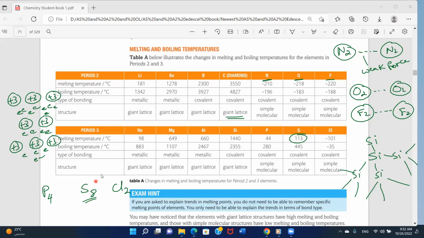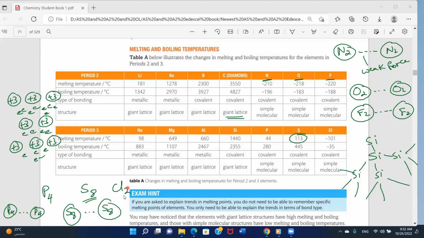So between an S8 and another S8 molecule, there are stronger forces than between P4 and P4. That's because sulfur has more electrons. So the weak intermolecular forces between sulfur molecules are stronger than those between phosphorus molecules. That's why it requires more energy to break between S8 and another S8 molecule than between a phosphorus and another phosphorus molecule.